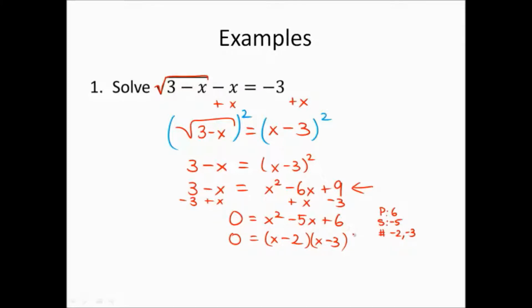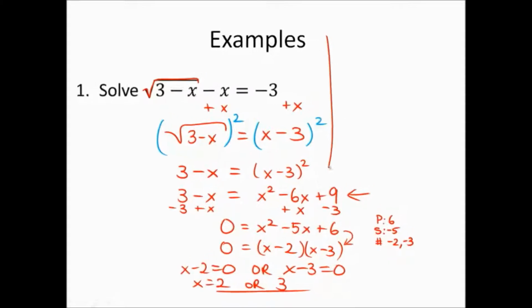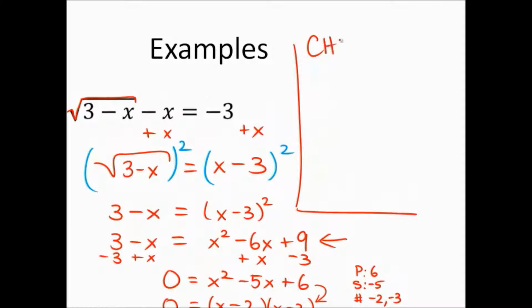You can also do decomposition to get from here to here if you'd like to. Alright, now x minus 2 times x minus 3. One of these has to be 0, so either x minus 2 is 0 or x minus 3 is 0. That leaves us with either x equaling 2 or 3. Are we done? No. We need to check our solutions, especially when we have roots.